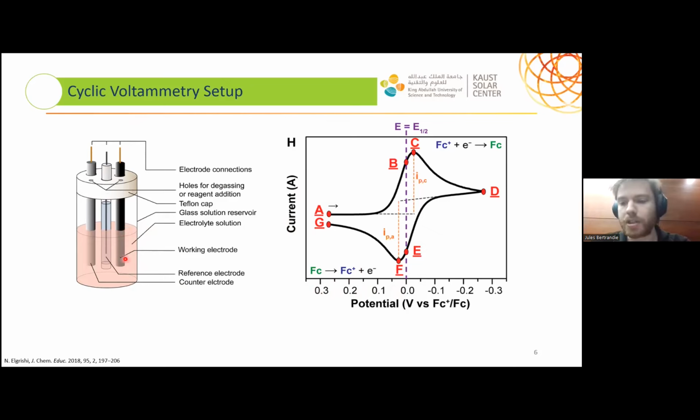You apply a ramp of voltage that you increase at a certain rate and then decrease, so you have this cyclic graph, where each step corresponds to a certain process in the setup. So how can we extract our energetics from this graph?